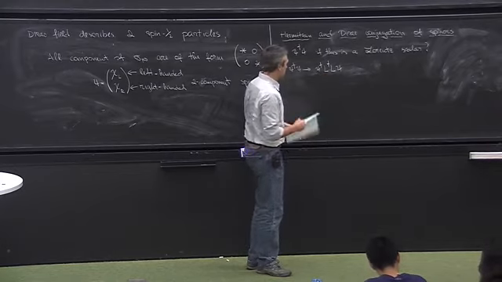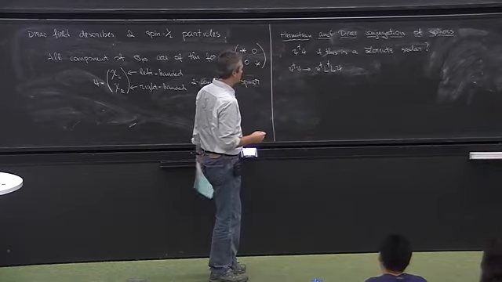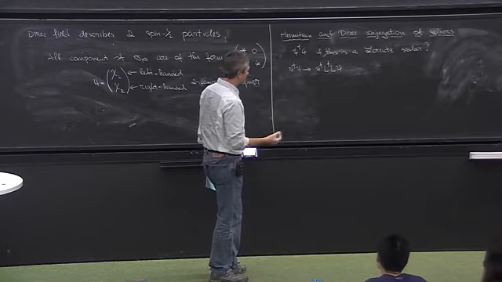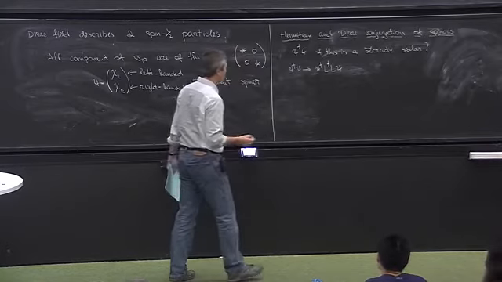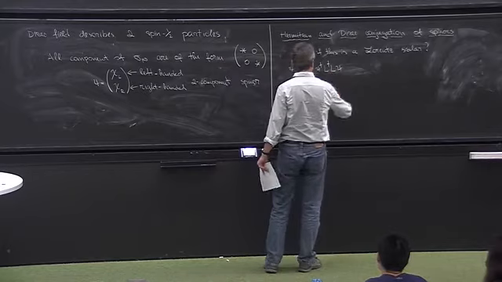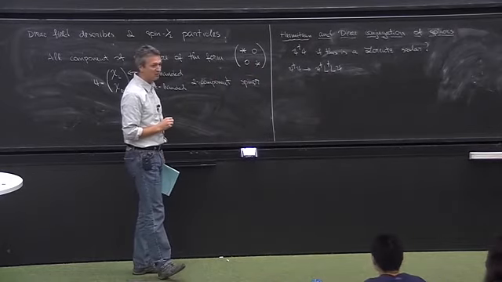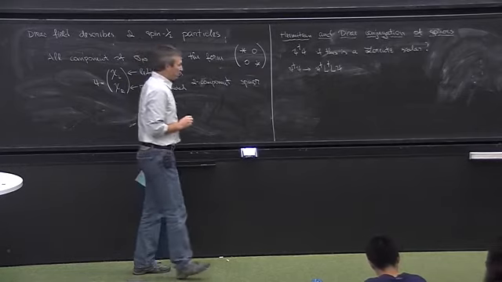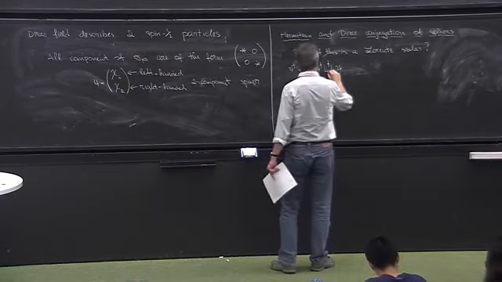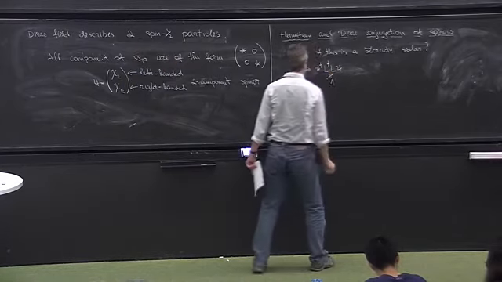But it turns out that the transformations acting on the spinors are not unitary. So spinors do not form a unitary representation of the Lorentz group, meaning that this is not equal to 1.